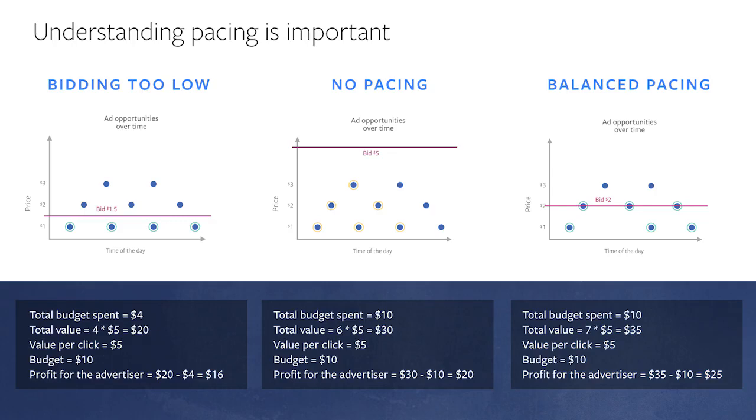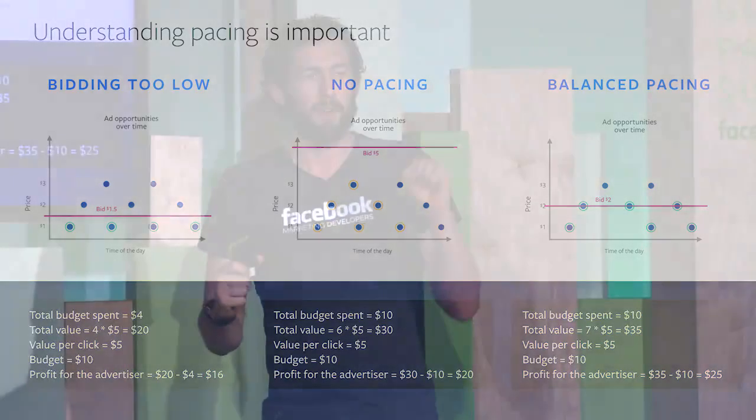So if you'd just set your true value bid of $2, which is how much it was worth to you, your $10 would have got you 7 conversions, giving you a total return of $35 and an overall profit of $25. That's a very basic example, but hopefully it covers why pacing is important, and why trying to affect pacing or manipulate bids and budgets could have a negative effect.